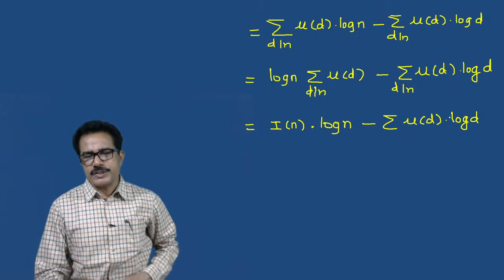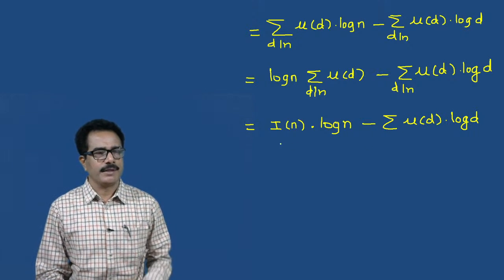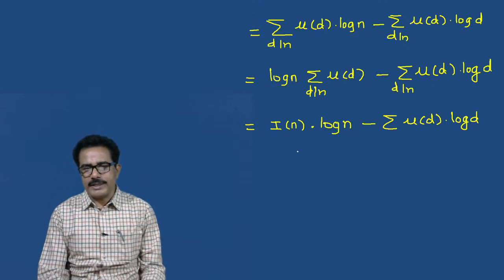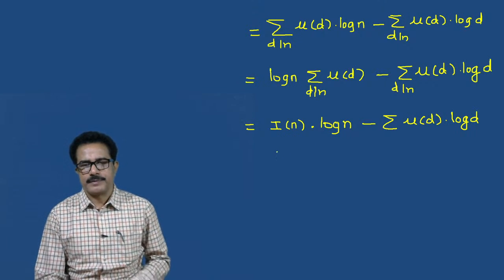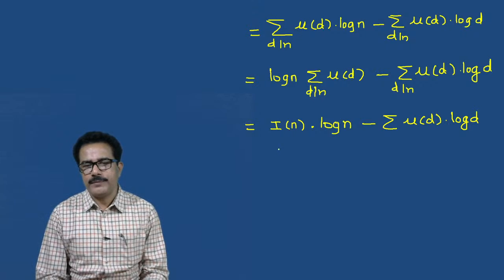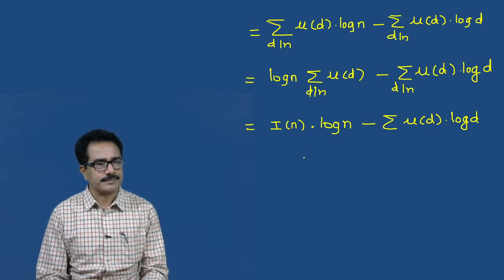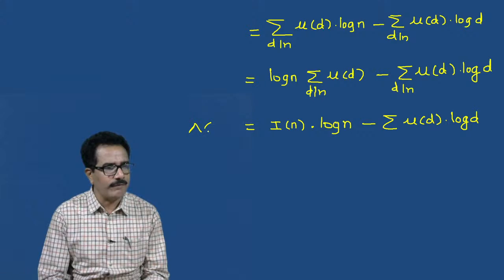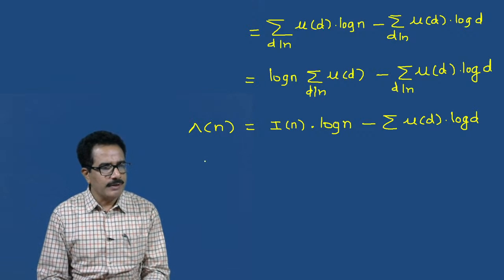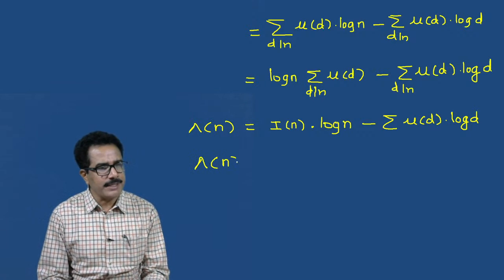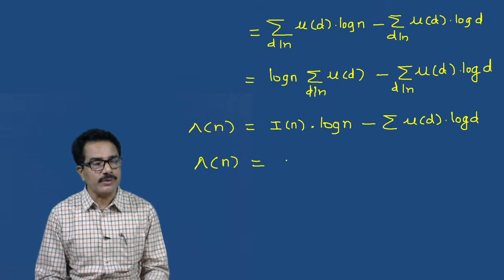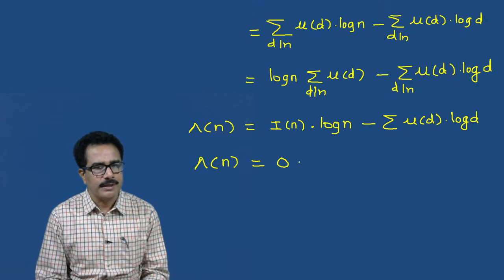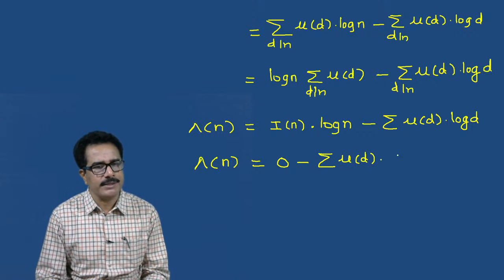And this value of I of n into log n, the identity function, for all n this is lambda of n. So lambda of n is equal to I of n into log n, which is always 0, minus summation of mu of d into log d.